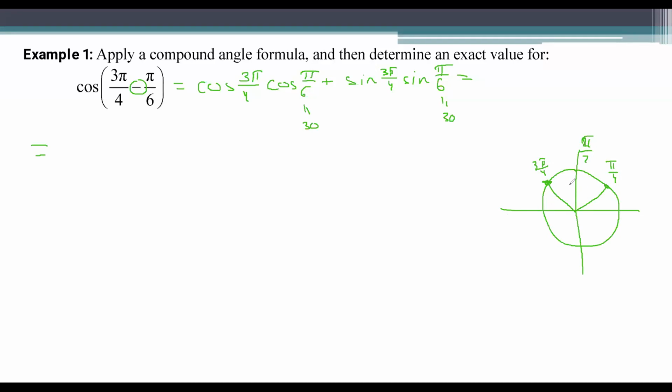And what is the value of cosine function and sine function of 3 pi over 4? It's basically the same 45-degree angle, right? For a 45-degree angle, do you remember? It's based on the right angle triangle. We have 1, 1, square root of 2. So sine of 45 degrees equals cosine of 45 degrees and equals 1 over square root of 2, right?